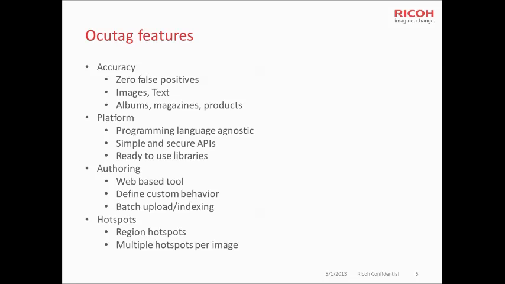When a user snaps at a particular image, you probably want them to be directed to a YouTube link or a LinkedIn profile, or you want to have your own customized experience defined. You have an option for that. You can upload images in batches. And the other feature that I want to highlight, and we just spoke about, is the hotspots feature. Essentially you can mark different regions of an image, and based on the region the user is snapping, he would get a customized behavior. And for the number of hotspots per image, there is actually no limit. You could define multiple hotspots in a particular image.